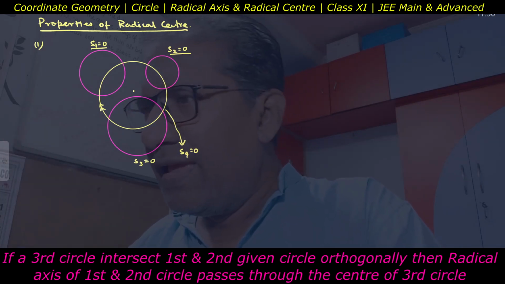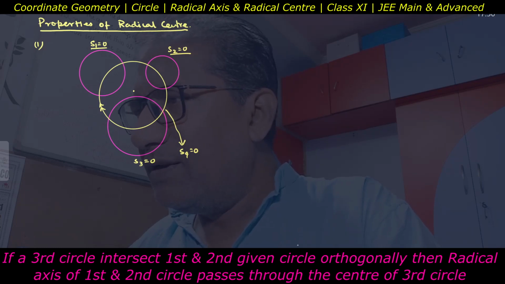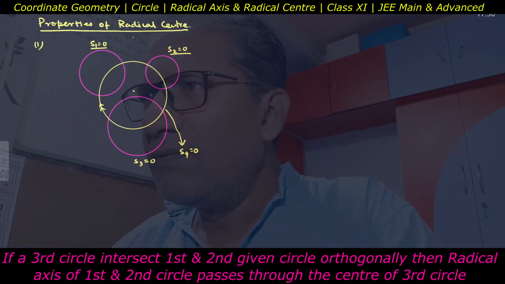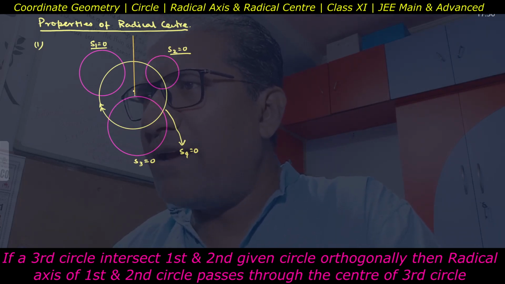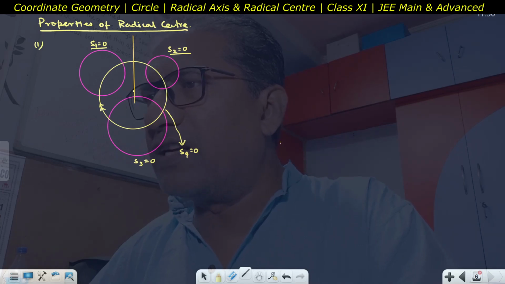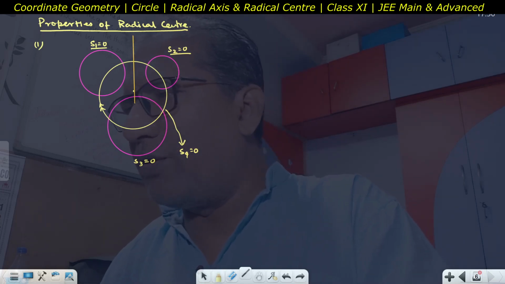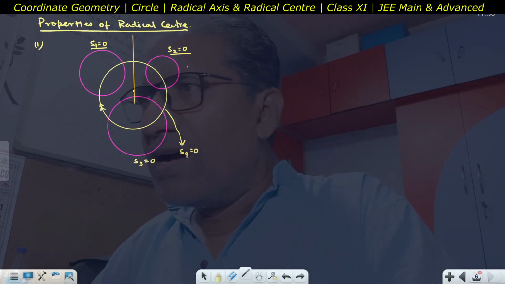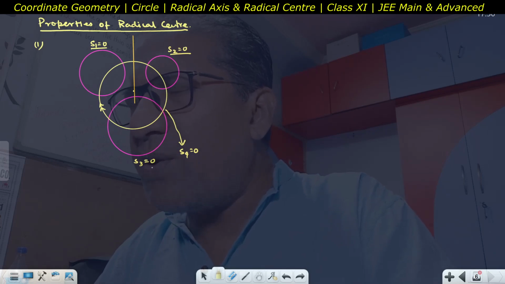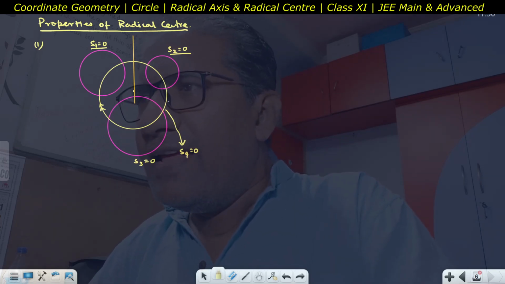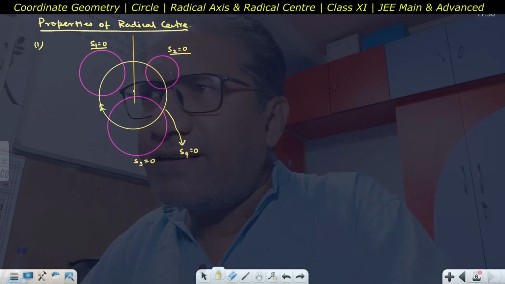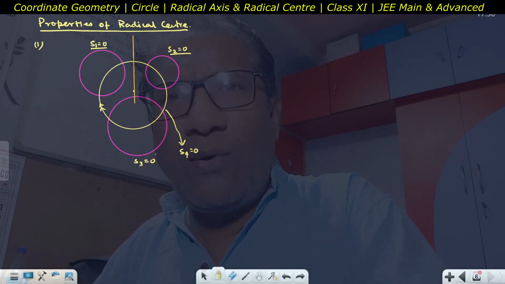Okay? Let me draw the radical axis. So this is my radical axis, which is passing through the center of the circle S4 equals 0. Right? Now, consider S2 equals 0 and S3 equals 0. Again, this circle S4 equals 0 is intersecting S2 and S3 orthogonally.